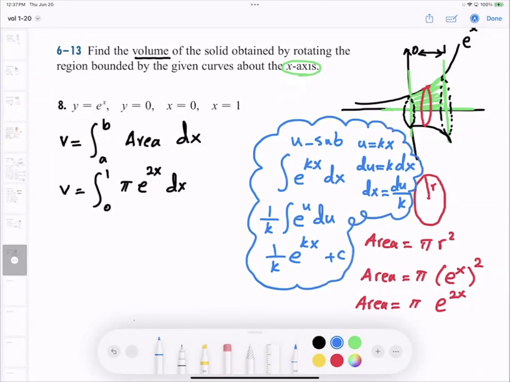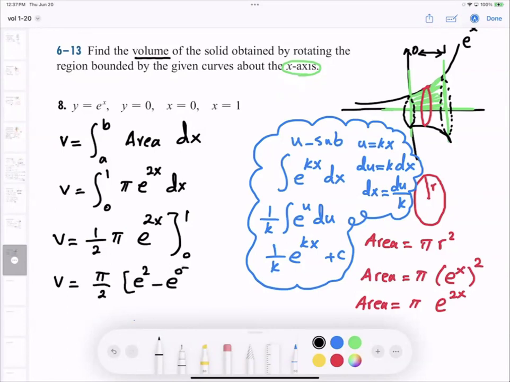So k in this case is equal to 2. So this integral becomes a half times pi e to the power 2x, and x ranges between 0 to 1. So the volume is pi over 2 times e to the power 2 minus e to the power 0.